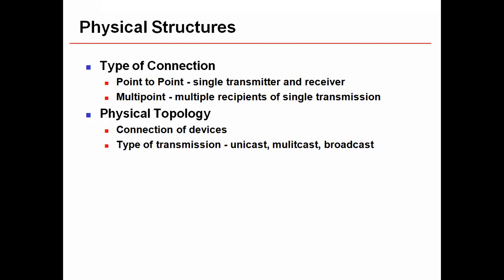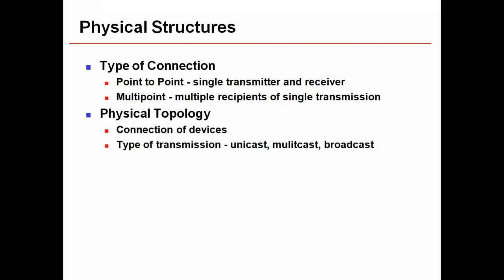We have two types of connections: point-to-point and multi-point. Point-to-point means a single transmitter and receiver, only two persons connected. Either one sends the data and the other receives. That is what we call point-to-point connection.